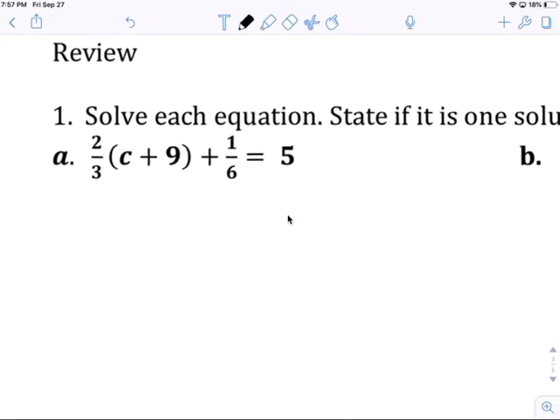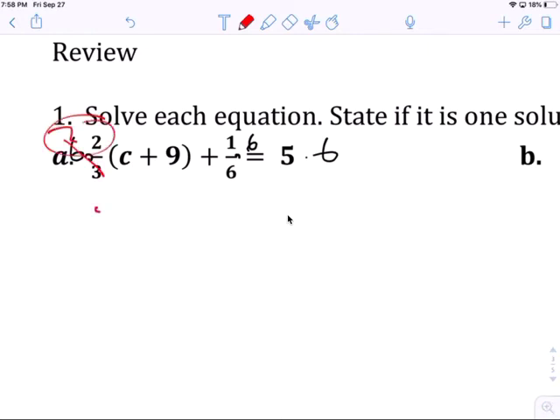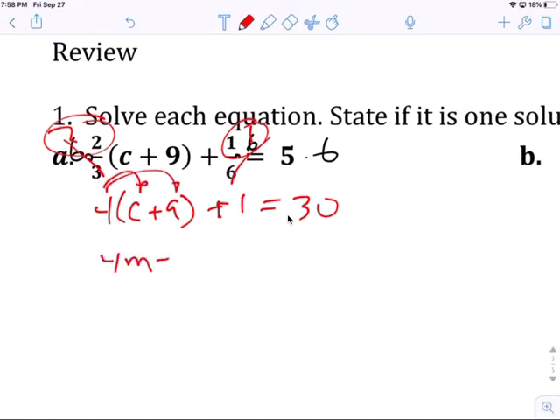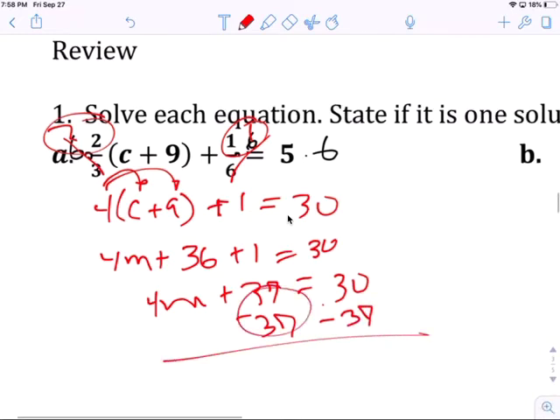Okay, number 1, least common denominator, 6. 2 times 2 times 2 is 4, parentheses C plus 9 plus 30. Distribute. 37 equals 30 minus 37.